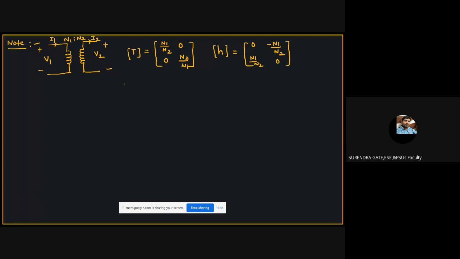But for this network we cannot find the Z parameters and Y parameters for the above transformer model, because we don't get V1, V2 in terms of I1, I2, or I1, I2 in terms of V1, V2.